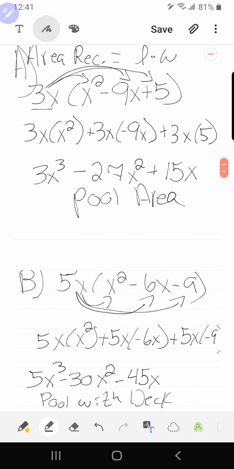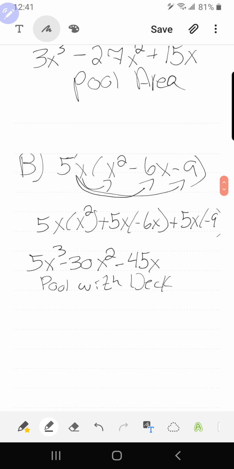So we said we're going to take the pool and subtract it from the entire area to find just the deck. The pool's on the inside, so the pool's going to be the second term I subtract from the first term. So it's going to look like B minus A, because this is the pool and we're taking the pool away from the entire thing.